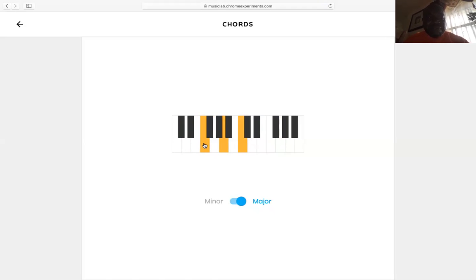If I say play a 5, 5 would be what, Joseph? G. Very good. So that would be the 5th. It's the 5th note of the scale, right to the C.